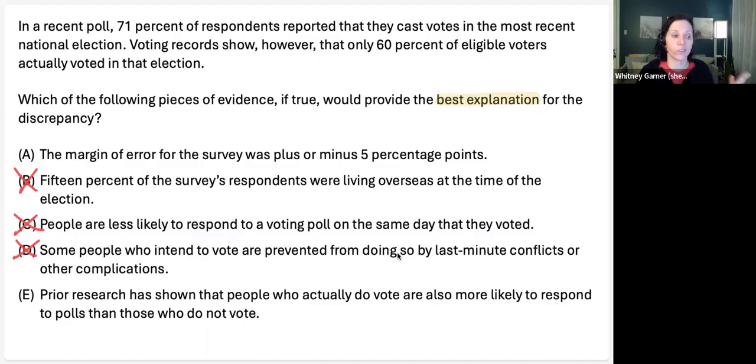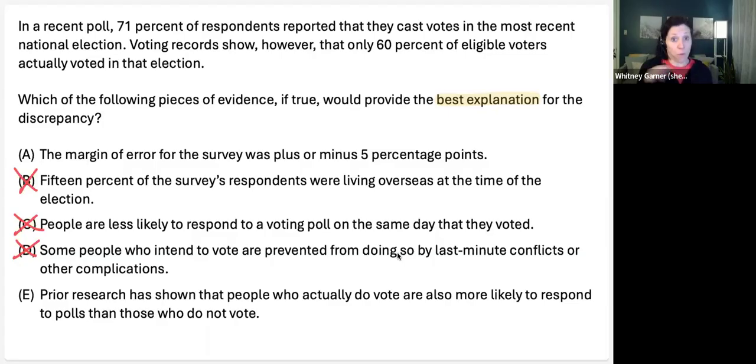That people who actually do vote are more likely to respond to a poll than people who don't vote. What would we expect? What would I expect if somebody said to me, oh, yeah, the people who respond to polls are actually more likely to be voters? Yeah, that's beautiful. Mary says perfect, that the sample wasn't representative.